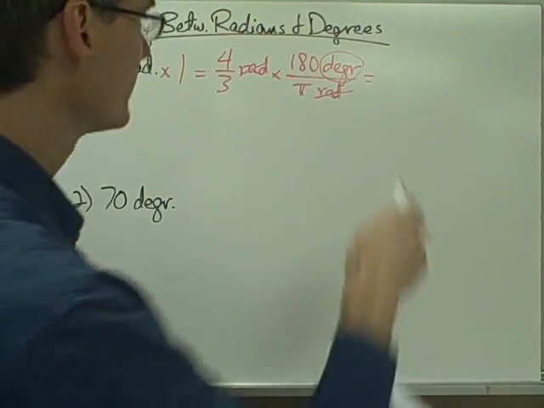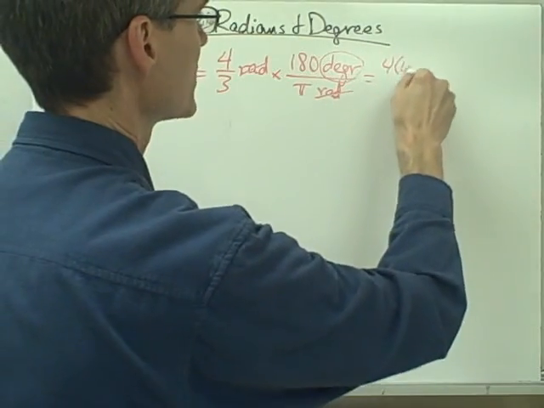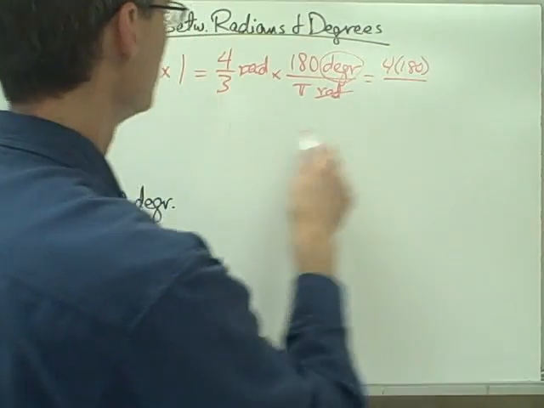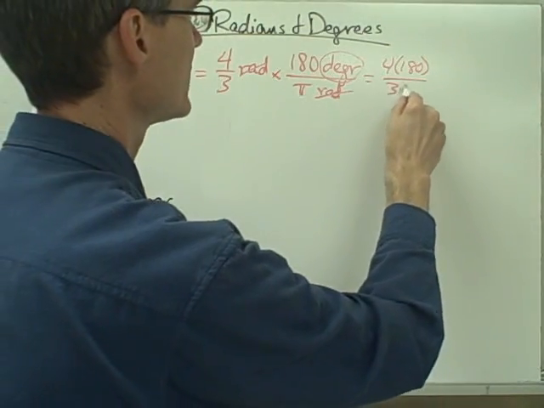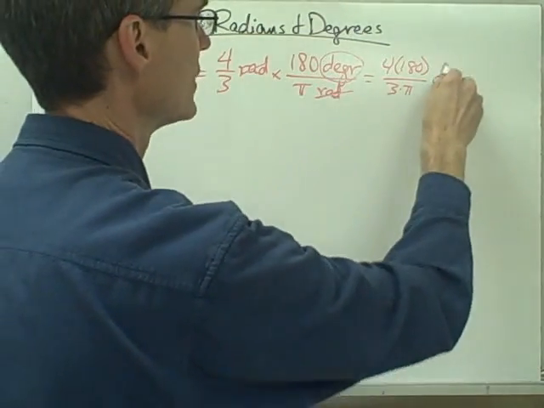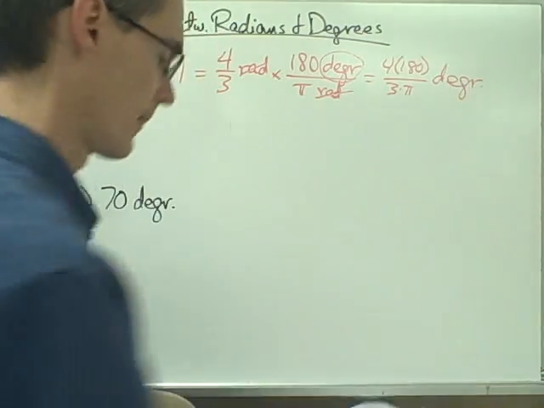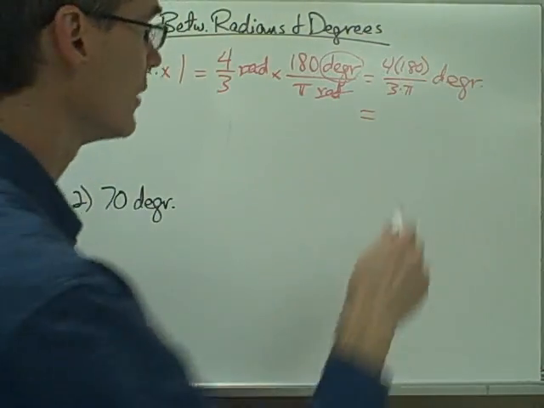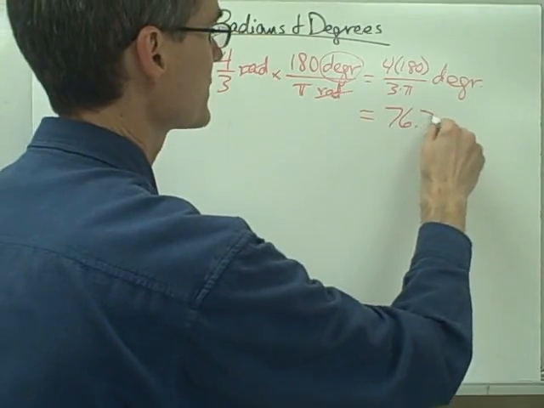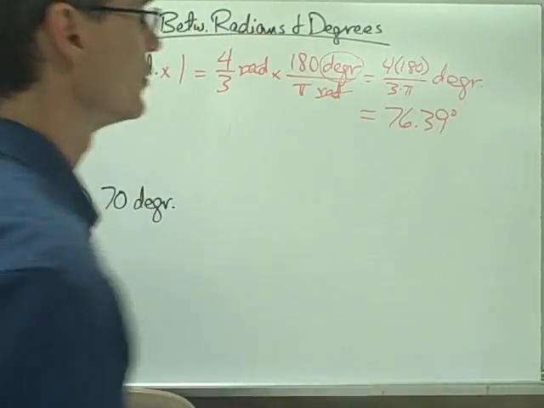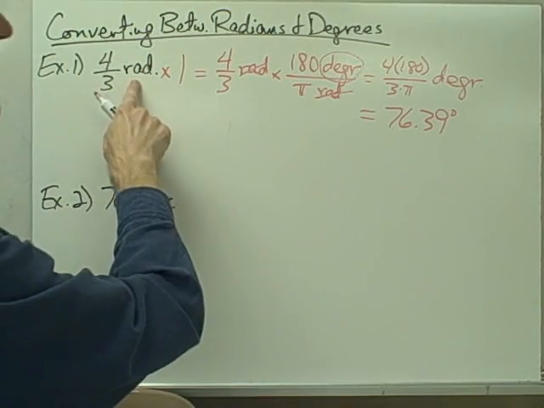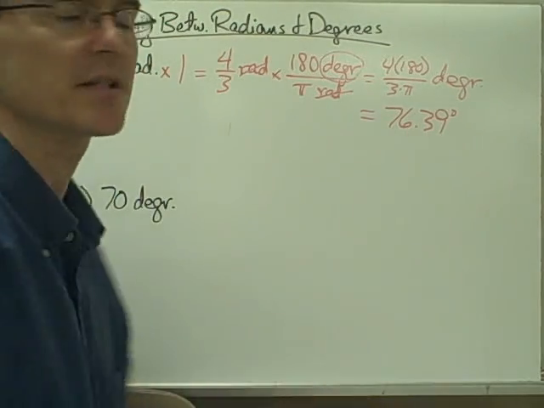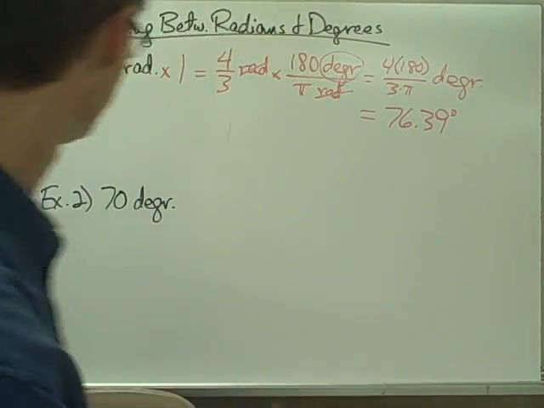This would be 4 times 180 divided by 3 times pi. This is going to be degrees. And if I punch that into my calculator, I get a decimal of 76.39 degrees. So 4/3 radians is equal to 76.39 degrees.